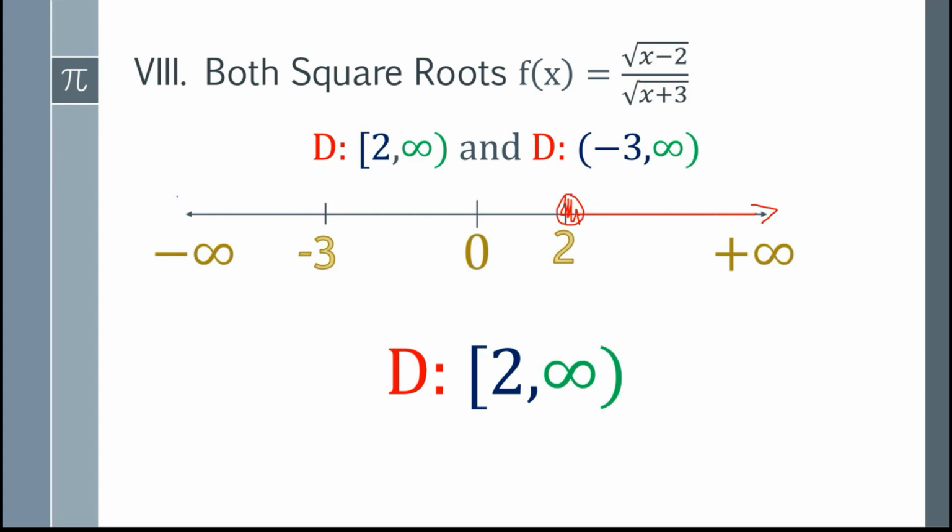Kasi, pag naglagay ka dito ng mas mababa sa 2, for example, negative 1, or kaya 0 dito. 0 minus 2 is negative 2. So, yung square root niyan ay hindi siya real number. So, ang final answer mo na ay ito. Shade mo yung 2 at pupunta sa infinity. So, square brackets 2, comma, infinity, parentheses.